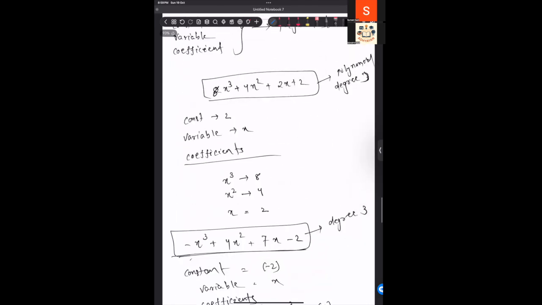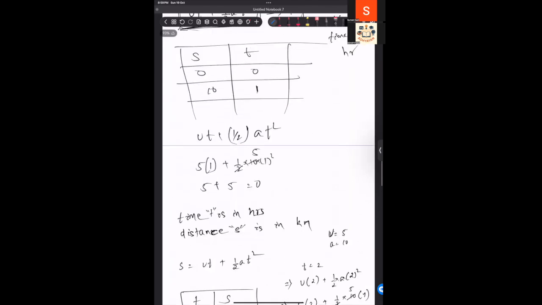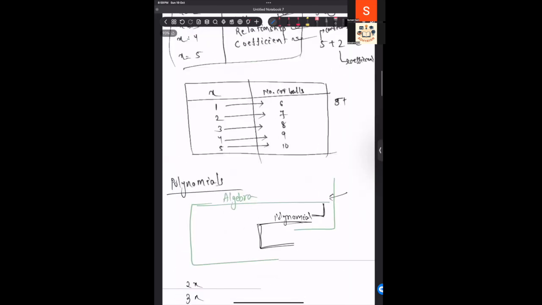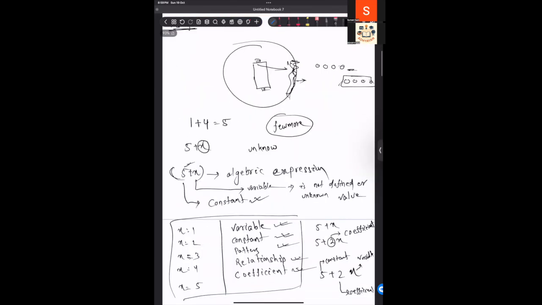So what we have discussed today: what is algebra, and what are variables.